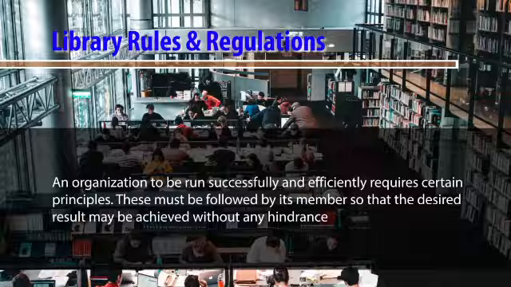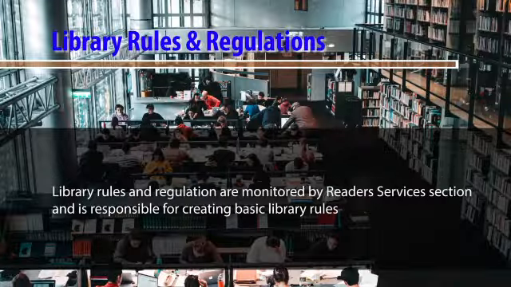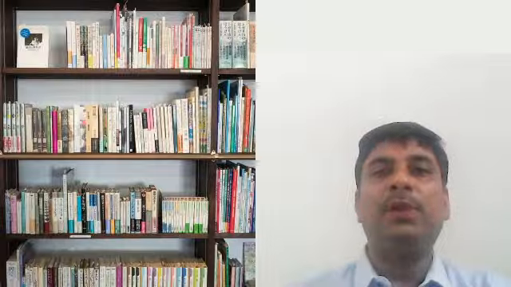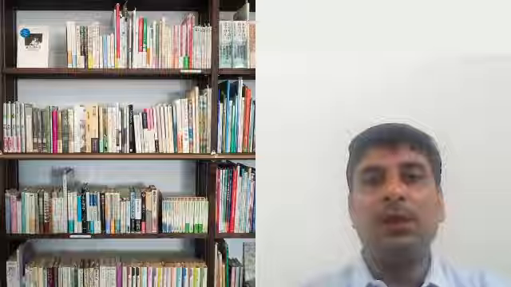and regulations. Library rules and regulations are monitored by the Reader Services section, which is responsible for creating the basic library rules. They put up notifications from time to time in the library that these are the new rules, or even leaves, if there is a holiday the next day, or there are time changes in the library for the next day or next month, whatever may be.